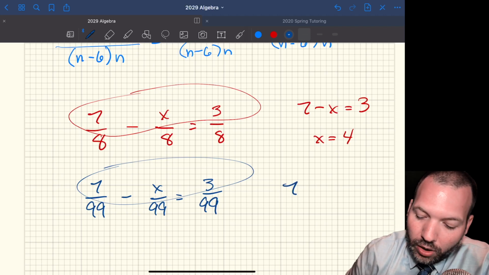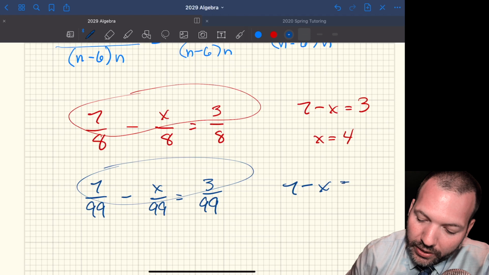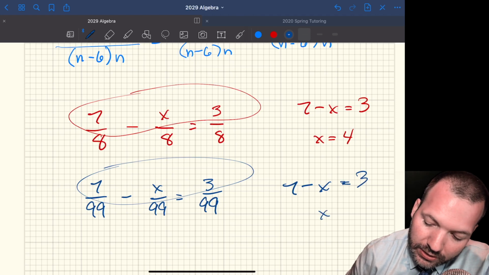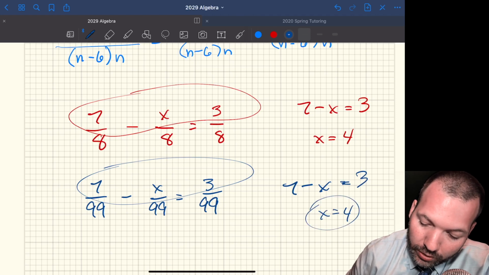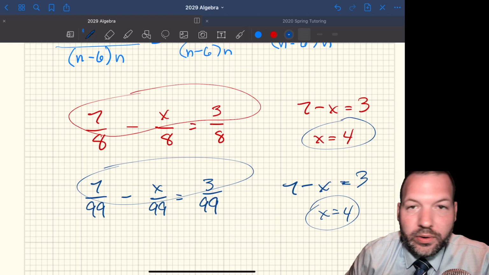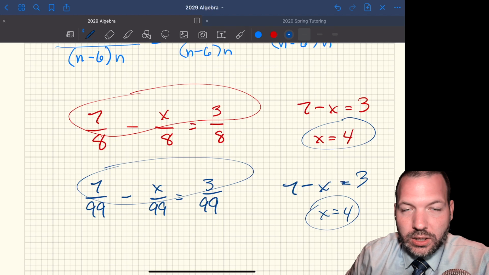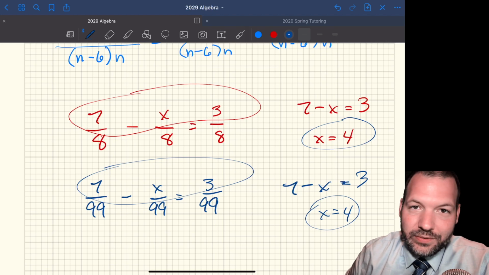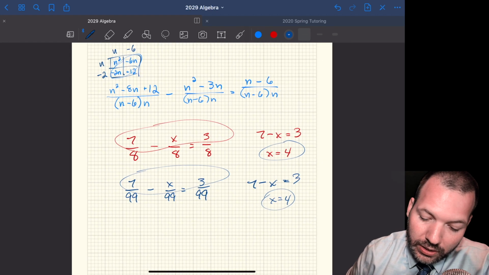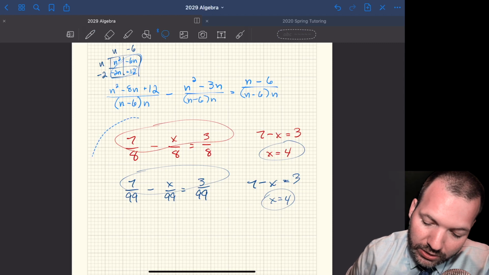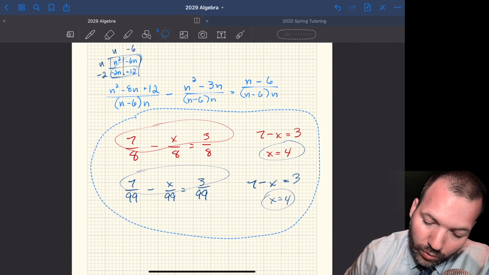It means, once again, all I really care about is 7 minus something is 3. That something must be 4. So notice in either of these two cases, as long as I had the same denominator across all three fractions, it didn't make a difference what that denominator was. And so I'm going to do a similar kind of thing with this problem here.